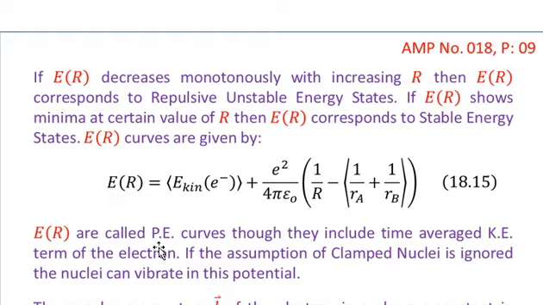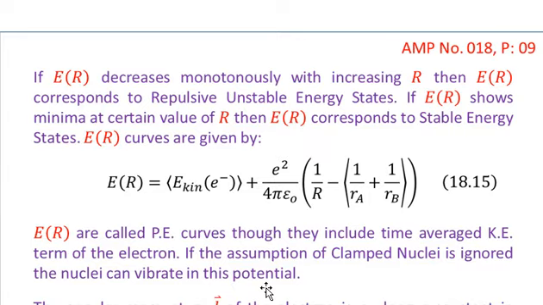On the left hand side we have E of R, and E of R are called potential energy curves, though they include the time averaged kinetic energy term of the electron. The assumption of clamped nuclei is ignored. The nuclei can vibrate in this potential.